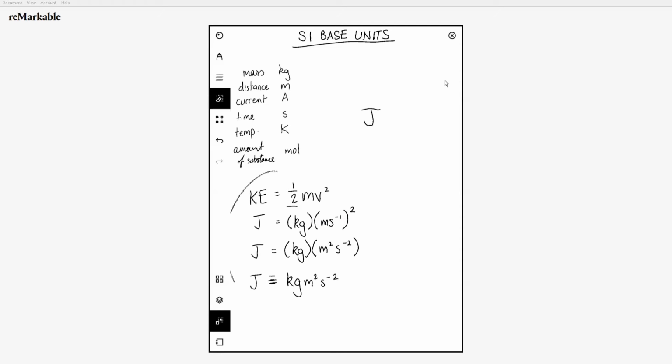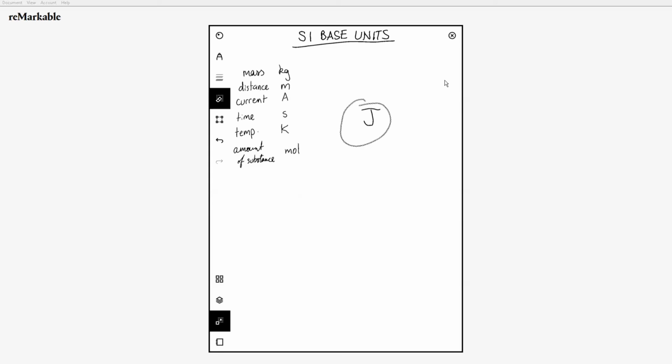Okay, let's have a go at another one. Say we want to find SI base units for a watt, as in a unit of power. So once again, we choose an equation that has watts as its answer. The one that people tend to try to go for is P equals IV, but then you've got to think, volts.